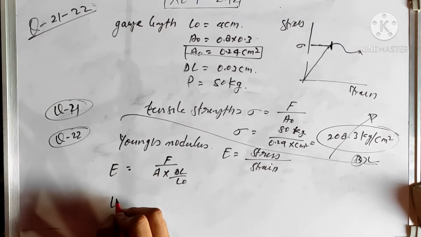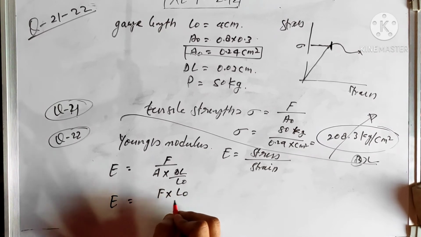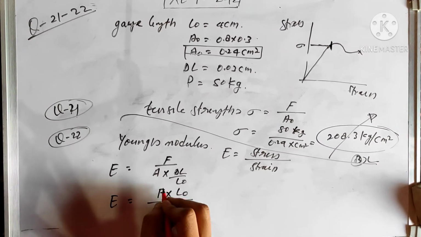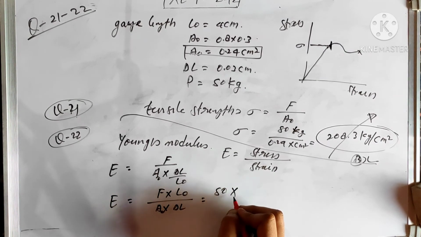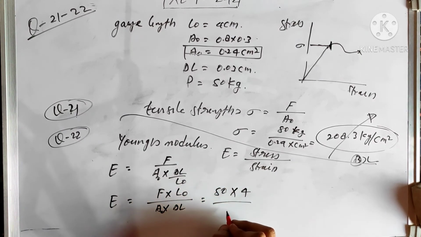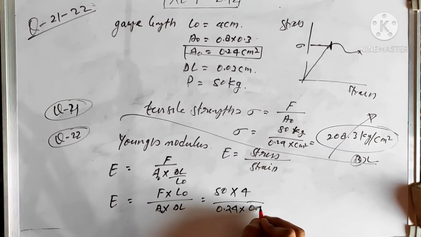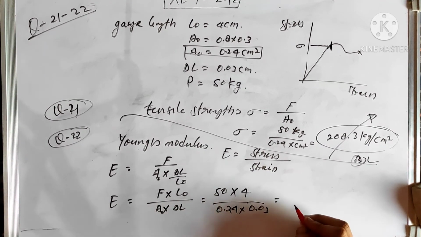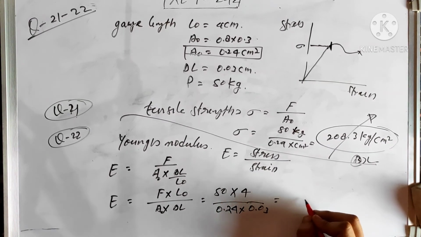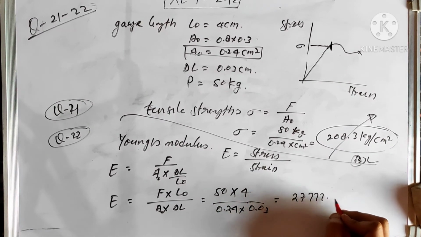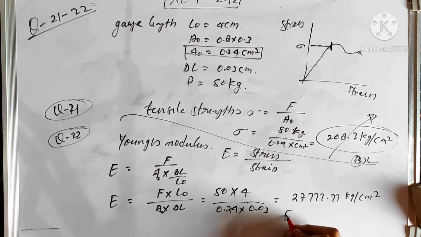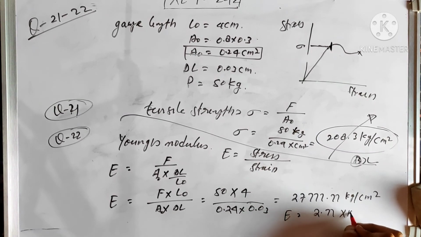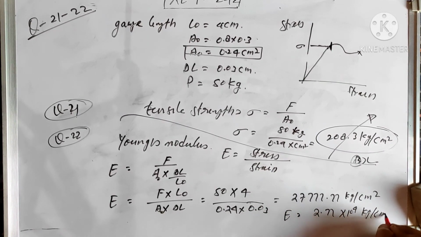So Young modulus is equal to F into L naught divided by original cross sectional area into change in length. F is given as 50 kg, L naught is 4 centimeter, original cross sectional area is 0.24, and change in length is 0.03. After calculating it, you get 2777.77 kg per centimeter square. Then the Young modulus is equal to 2.77 into 10 power 4 kg per centimeter square.